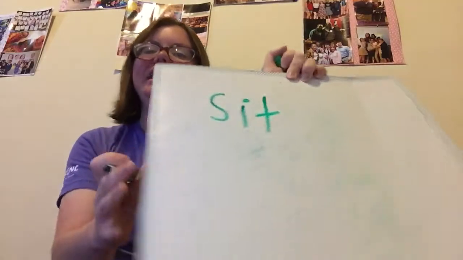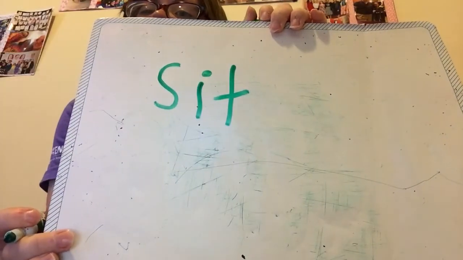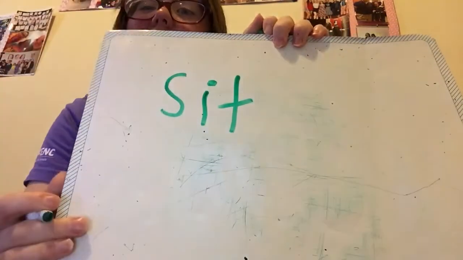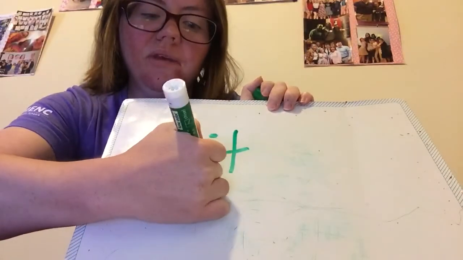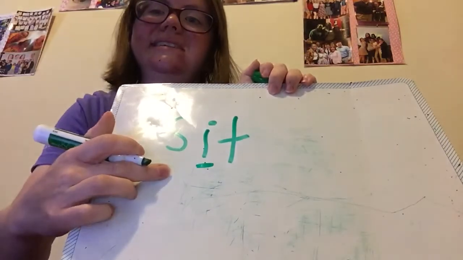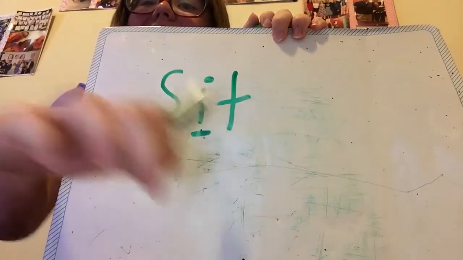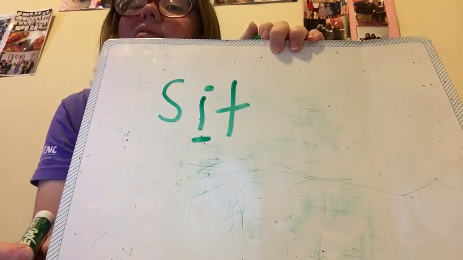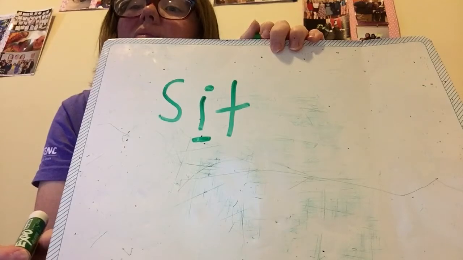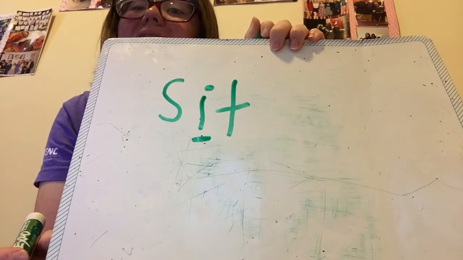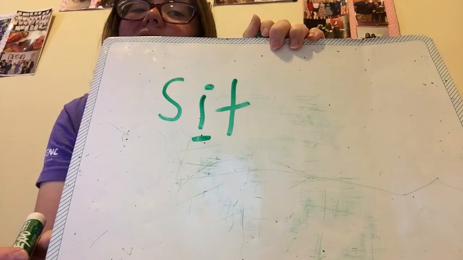Sit. Now, if we weren't sure what that middle vowel is, so maybe we heard the S and the T, but we weren't really sure about the I. We could try the 5 different vowels. Do you remember the 5 vowels we talked about at the beginning? That's right.